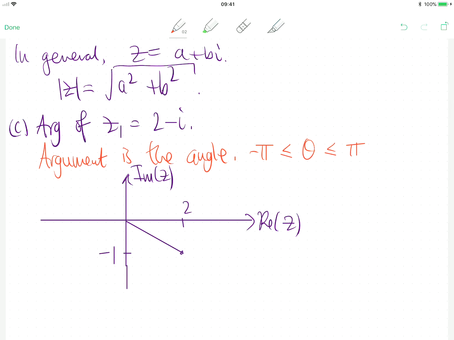Well, we cannot go along the top because we're restricted to pi radians. So we wouldn't reach our point, so we cannot use that. So actually we need to go along the bottom. So if we start here, this is our argument.